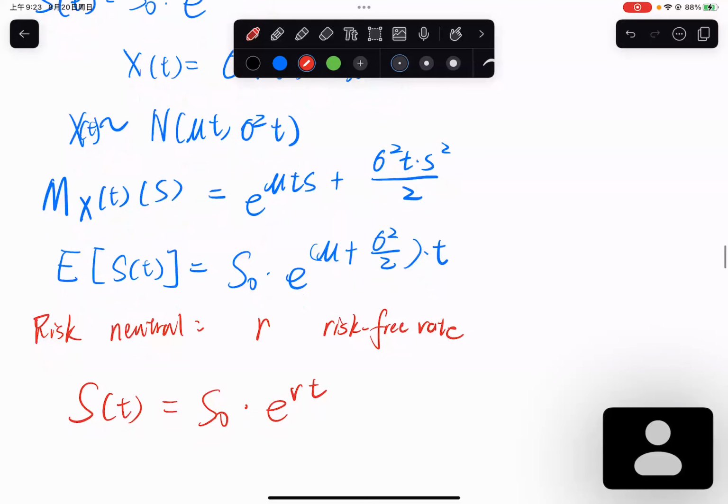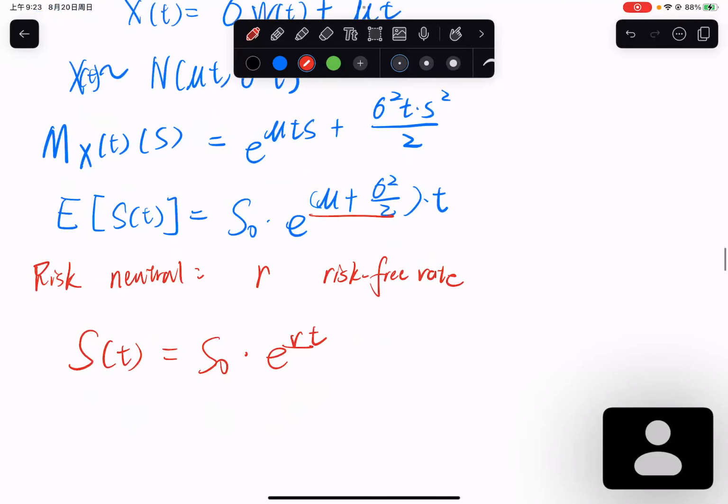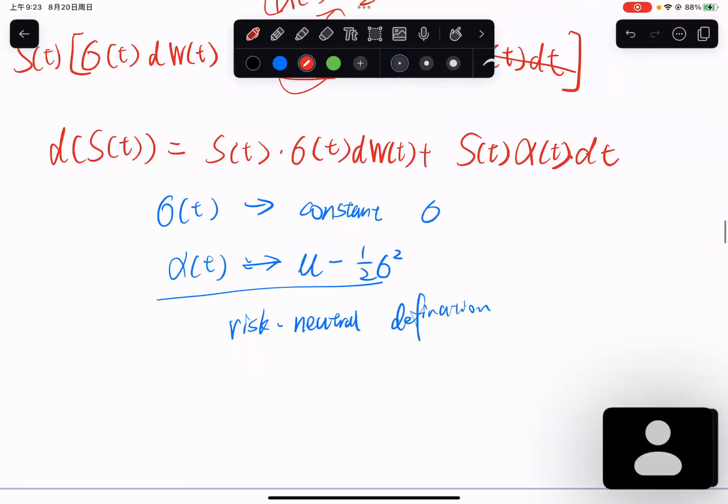Okay, then we just make these two equations the same. We can get mu star. The risk neutral mu is just going to be r minus sigma squared over 2. And basically, this mu is just the r here, okay? We just eventually want to define our alpha t as r minus 1 over 2 sigma squared.